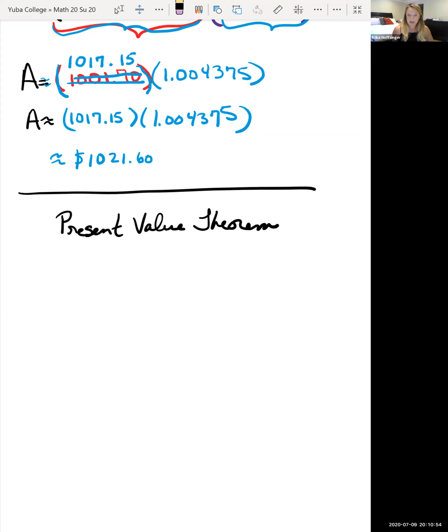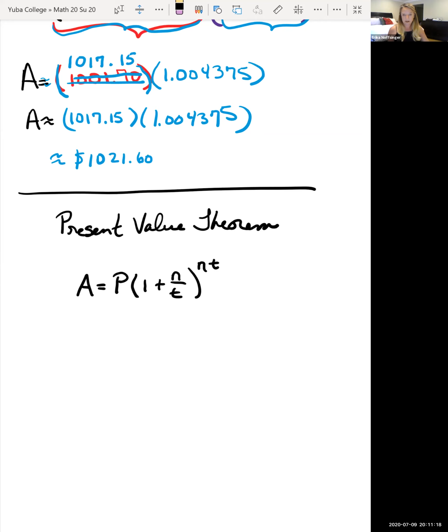Okay, so basically, if we were looking at our amount of money that we were going to get if we were putting in some principal, P, that was compounded n times a year, we saw that that was A equals P, all times the quantity 1 plus r over n, all raised to the nt.